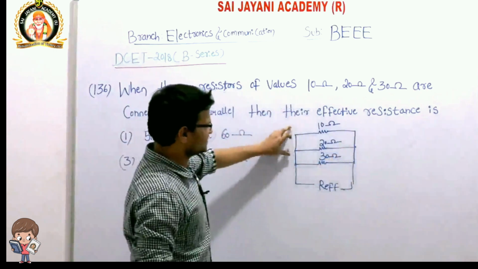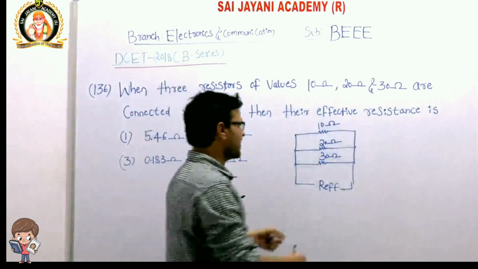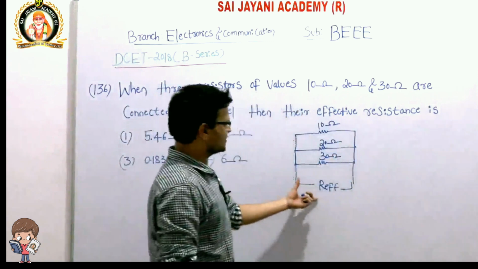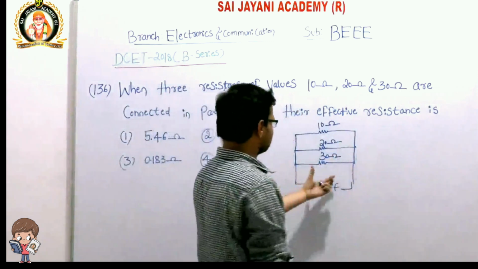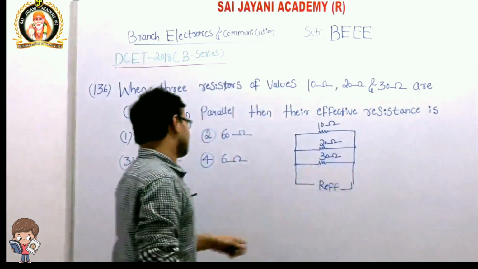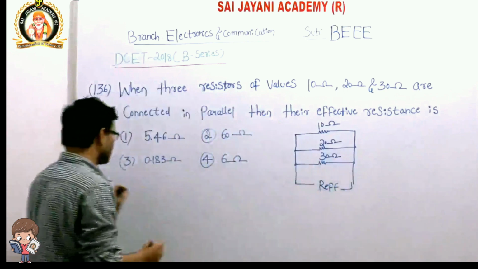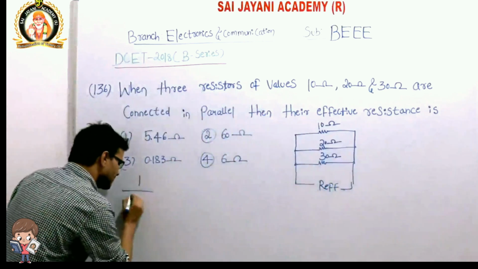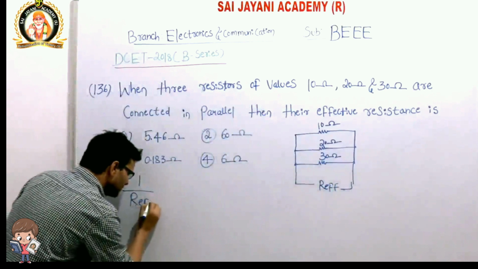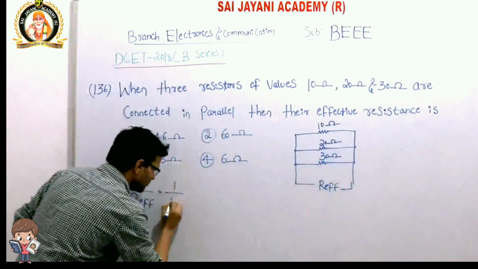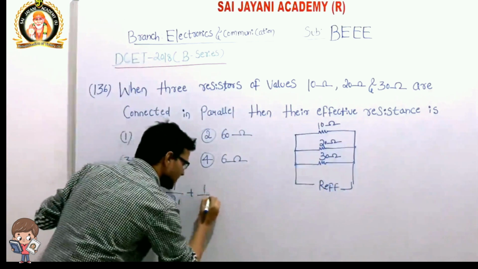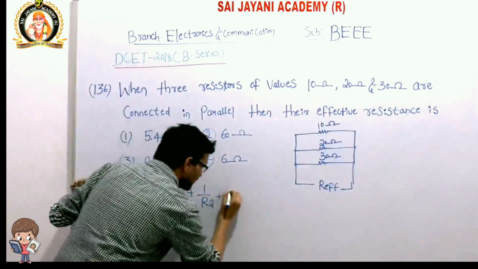These three resistors are connected in parallel, and we have to find the effective resistance across these parallel terminals. For that, we have one formula: 1 divided by R effective is equal to 1 by R1 plus 1 by R2 plus 1 by R3.